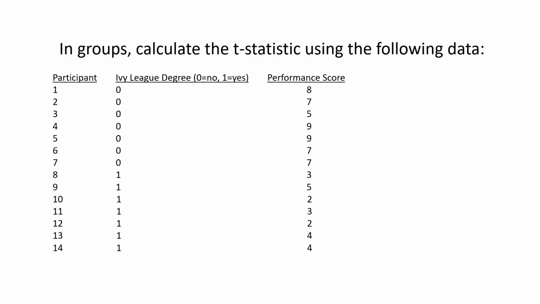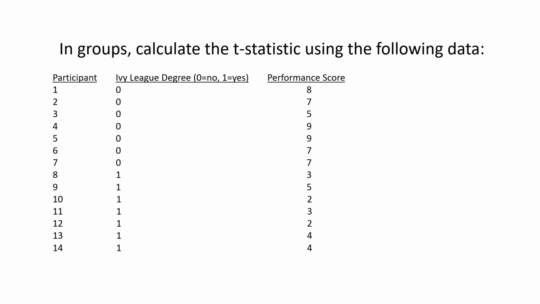All right, so let's look at another data set and we will see if we can carry out the same calculations. So we're going to also calculate t by hand. But in this case, I'm giving you an example where you will indeed find a mean difference between group 1 and group 2.